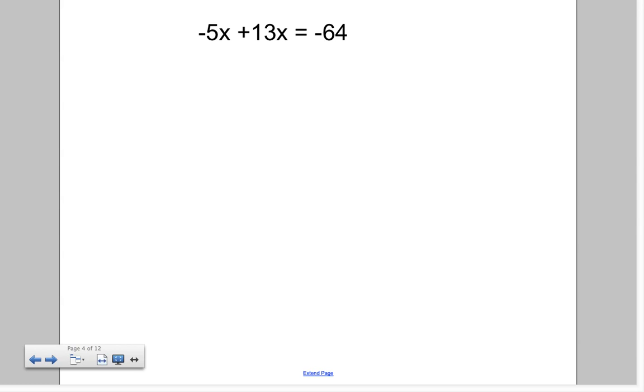All right. Now, I want you to try this problem, please. Again, remember what the rule is. How many variable terms can you have on a side? How many constants can you have on a side before you start the equation process?